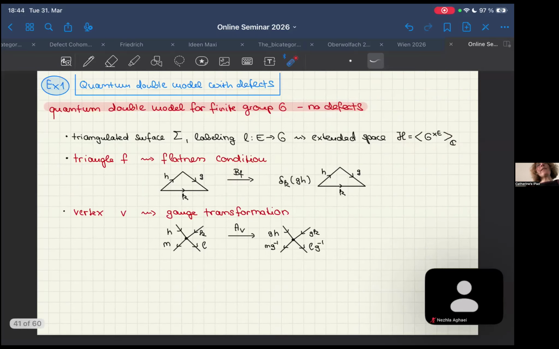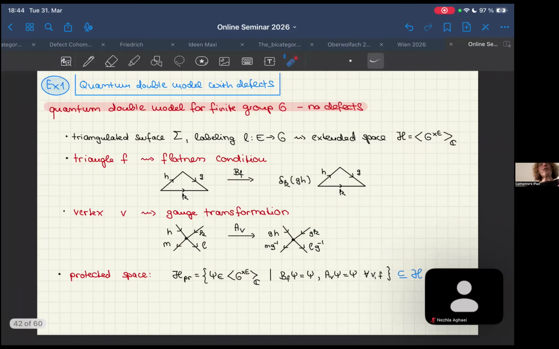For each vertex, we have a notion of gauge transformation. So we have some edges with their labels here. And then we just left multiply the incoming edges with some element at the vertex. So G is here at the vertex. And we right multiply the outgoing edges with the inverse.